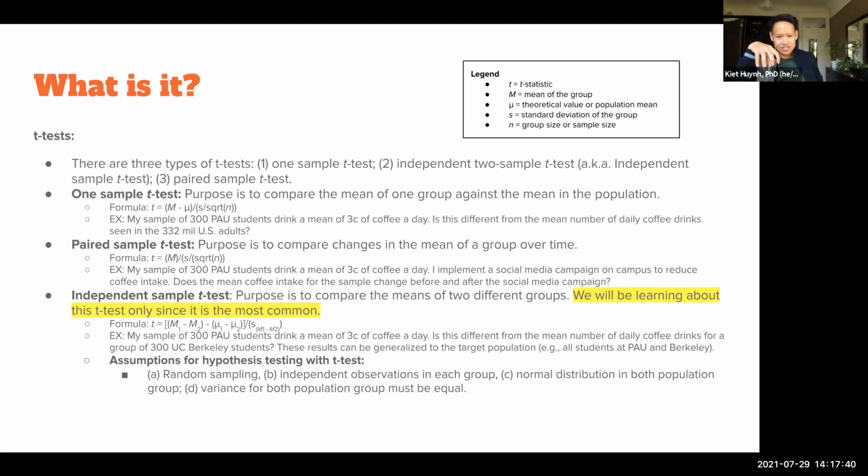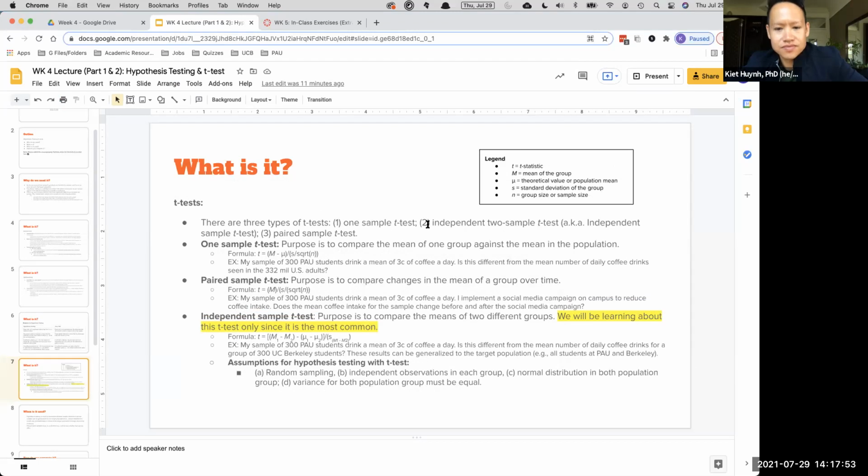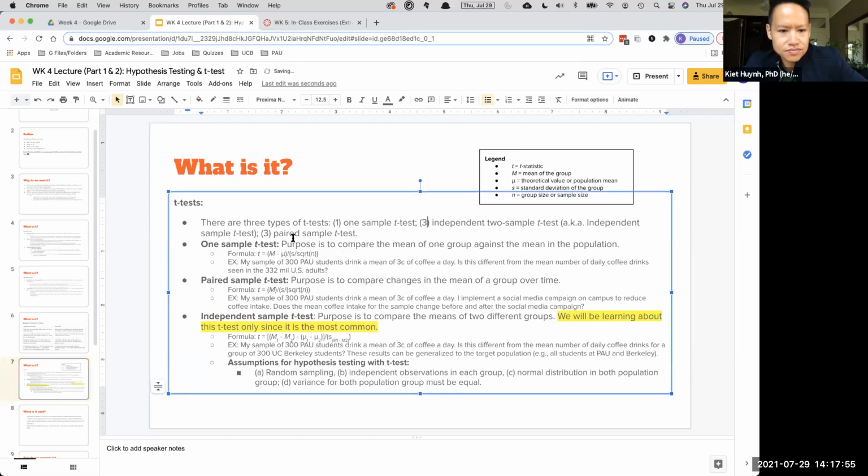Even with the t-test, there are three types of t-test. There's the one sample t-test, the independent actually, this ordering is wrong, so let me fix this order. This should be number 3. And this should be number 2.